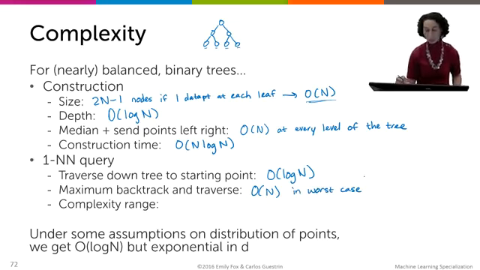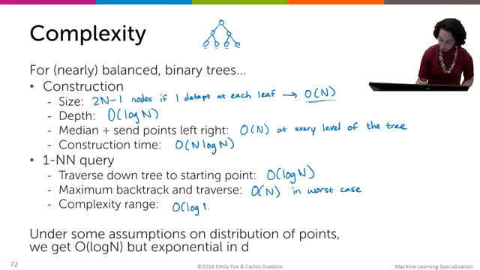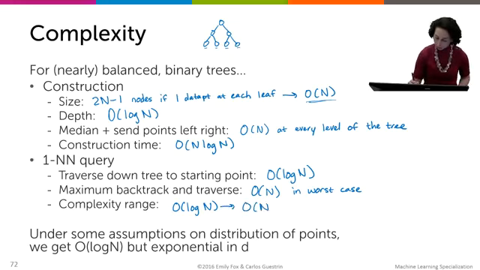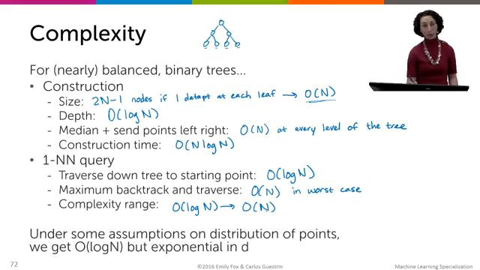The worst case being when, because of the structure of the problem, we're not able to prune anything at all. So the complexity range is anywhere from on the order of log n, if we can do lots of pruning, everything gets pruned, all the way to on the order of n if we can't do any pruning.